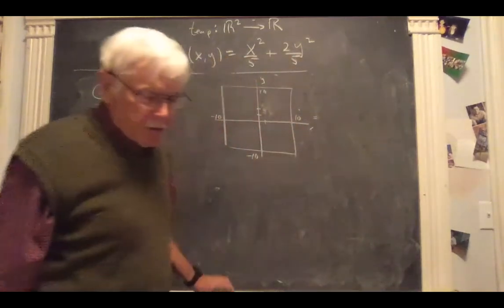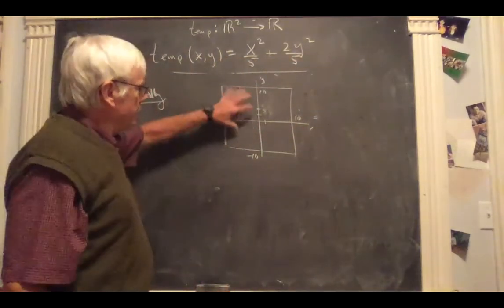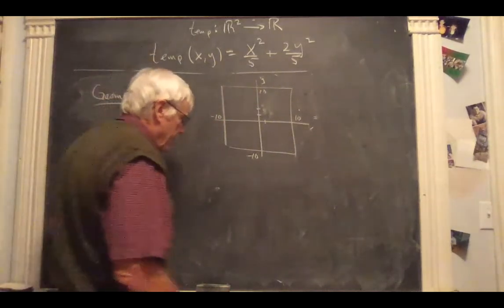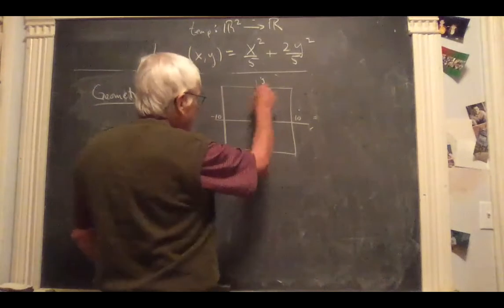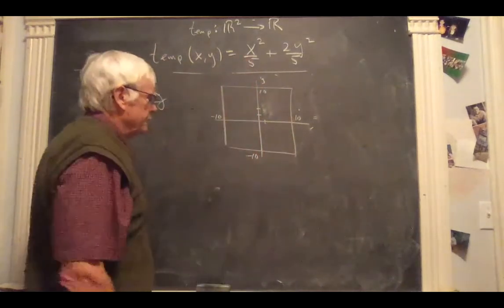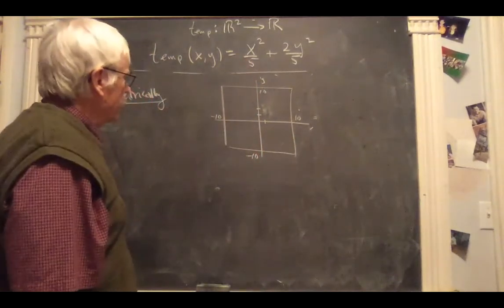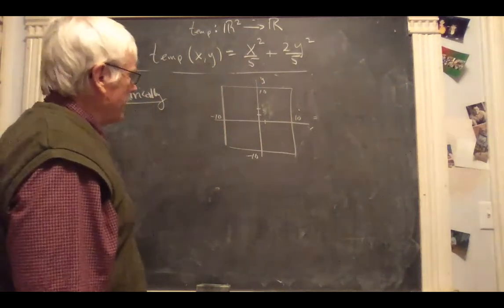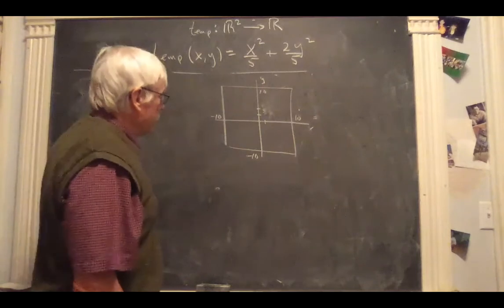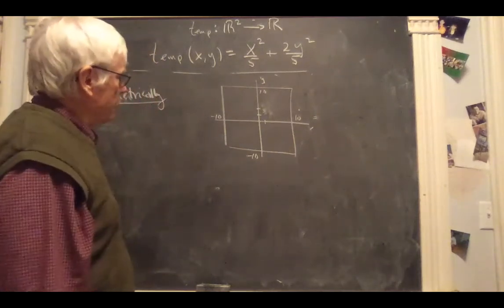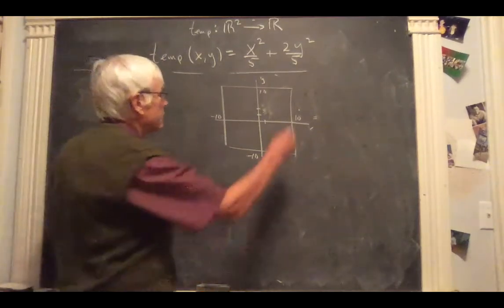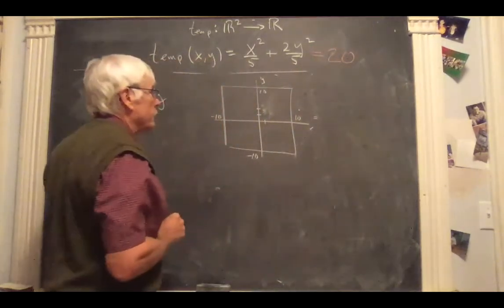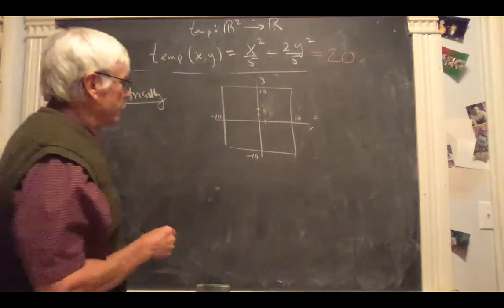It's about looking at the domain, which in this case is -10 to 10 in both directions. At each point in this 100 square acres, or 100 square miles, whatever it is, every point's got a temperature. And we could look at all the points that have some specific temperature, like 20. Where are all the points that have temperature 20?